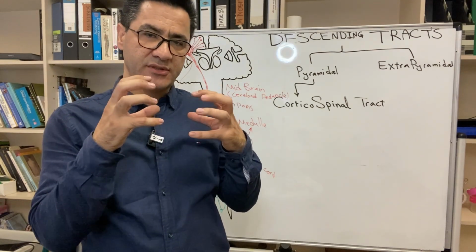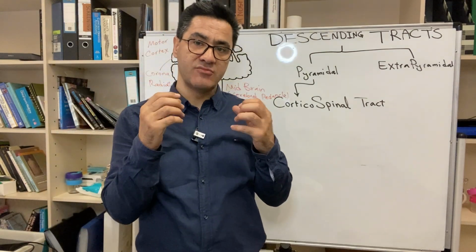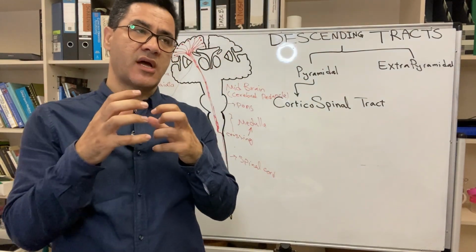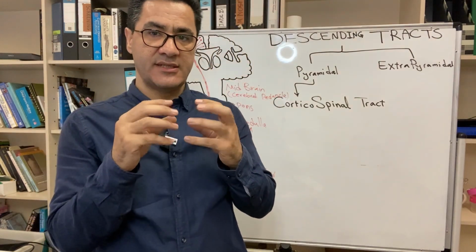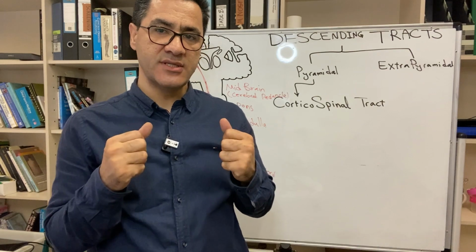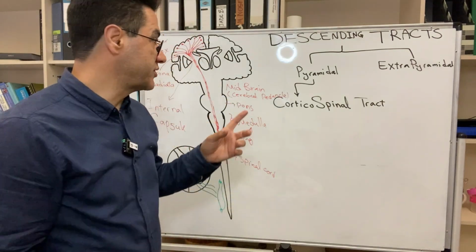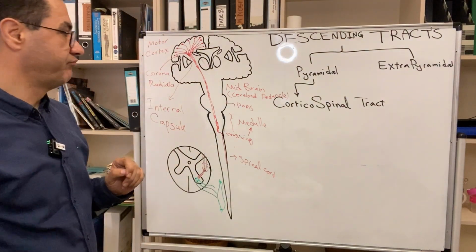So it allows you to do fine and precise movements. So during our daily life, we use our fingers a lot, and we can do lots of fine and precise actions. It means that our corticospinal tract is working very well.